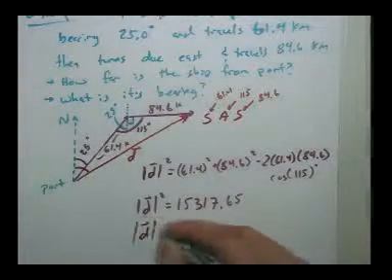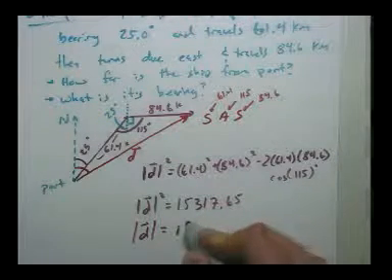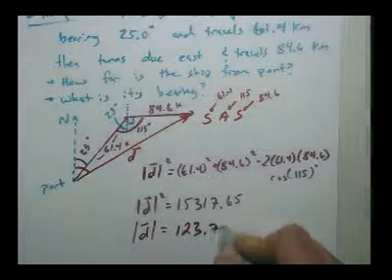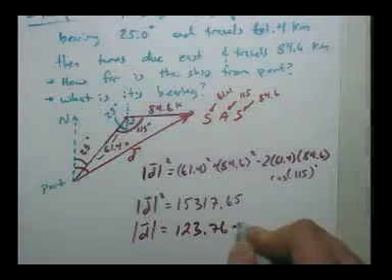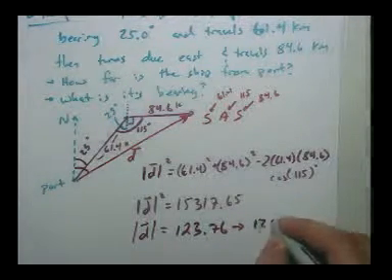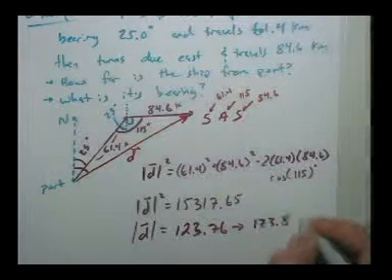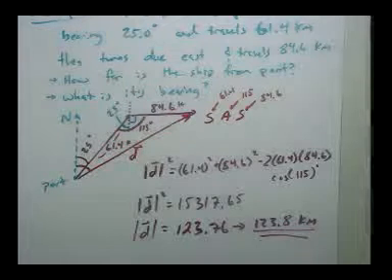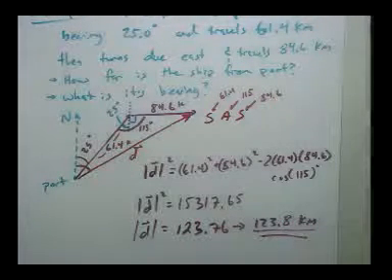So the magnitude of the vector will be 123.76, which we can round to the nearest tenth. That'll be 123.8 kilometers. How are we going to find the bearing?